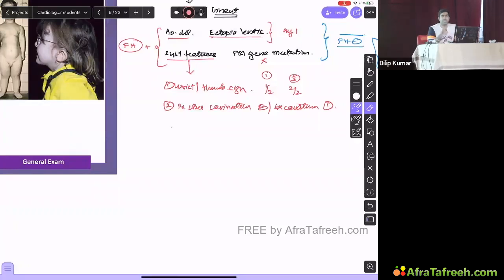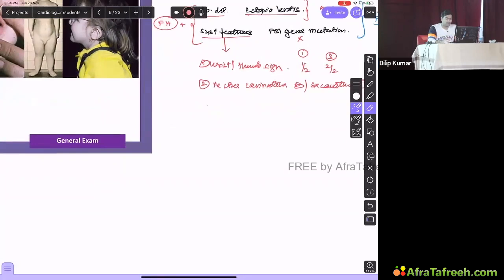Excavatum is an abnormal depression in the chest. Carinatum is more specific for Marfan compared to excavatum.